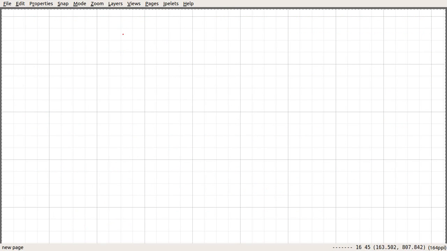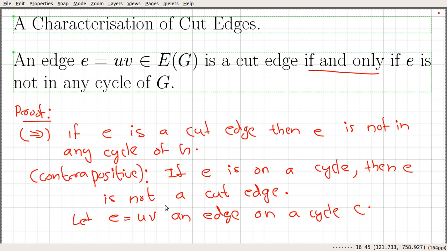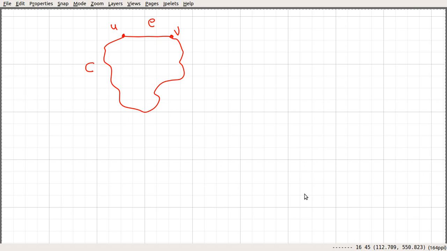We have this edge E between U and V, and this E is part of a cycle C. That's what we assumed here: E is on a cycle and let that cycle be C. And this particular cycle is in our graph G.